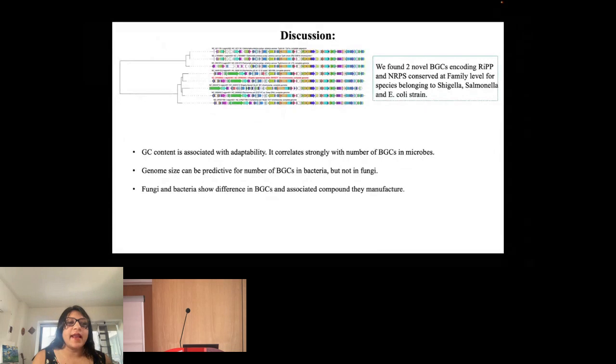In this work, we highlight the current challenges in genome mining, as well as improved methods to rank and select microbes for prioritization. Interestingly, during the analysis, we also found two compounds belonging to RiPPs and NRPS which are conserved at the family level, which is usually not observed before.